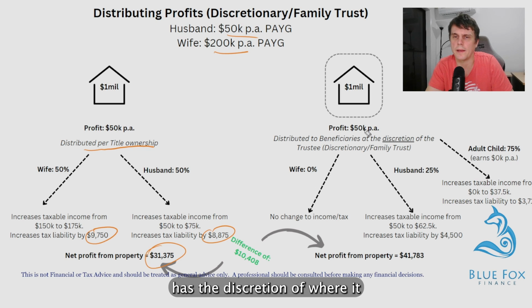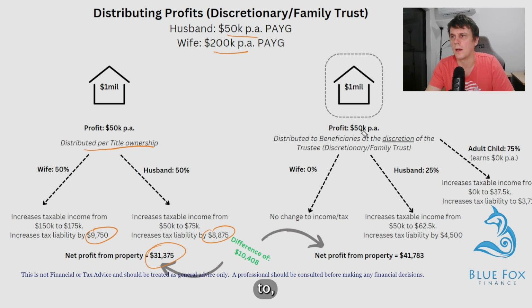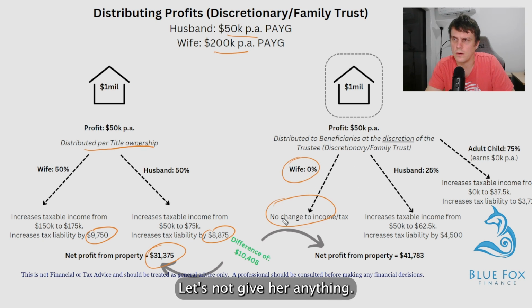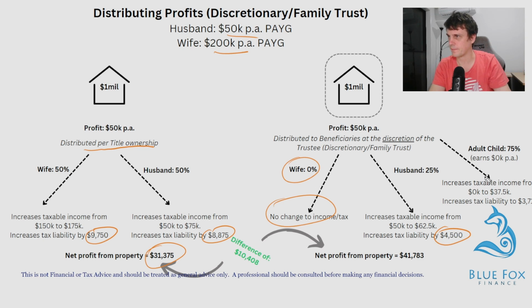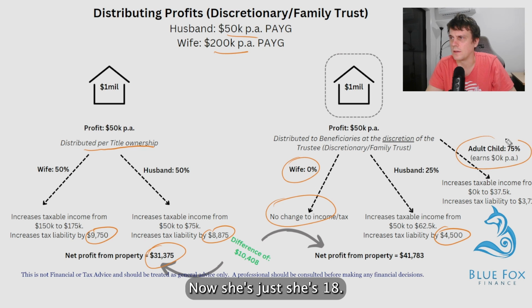If we instead have our profitable property in a discretionary trust, which means the trust has the discretion over who it distributes the profit to, and that's from the beneficiaries, then we can decide, hey, wife's already on 200,000, let's not give her anything. Let's give the husband 25%, so his income goes from 50 to 62.5, so he pays an extra 4,500 tax. And let's give 75% of it to our adult child. Now she's 18, she's just at uni, not working, earning $0.